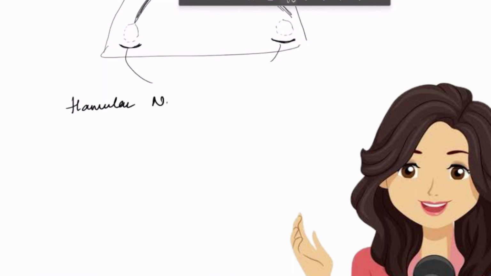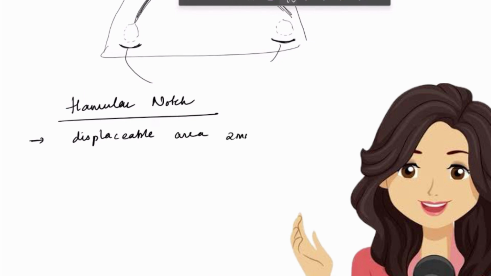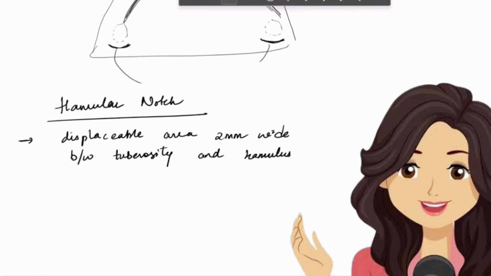So what is basically the hamular notch? It is the notch or displaceable area about 2 millimeters wide, which is present between the tuberosity of the maxilla and the hamular process of the pterygoid plate.